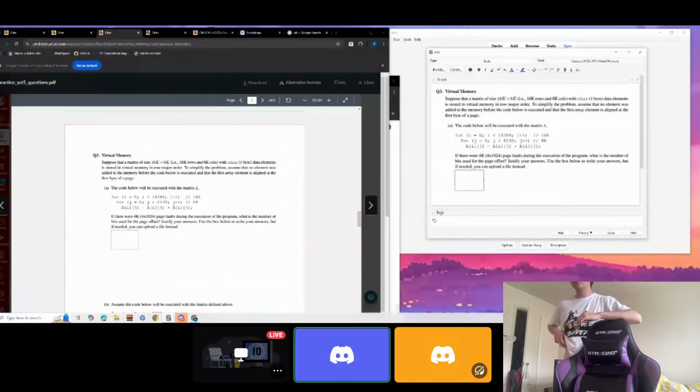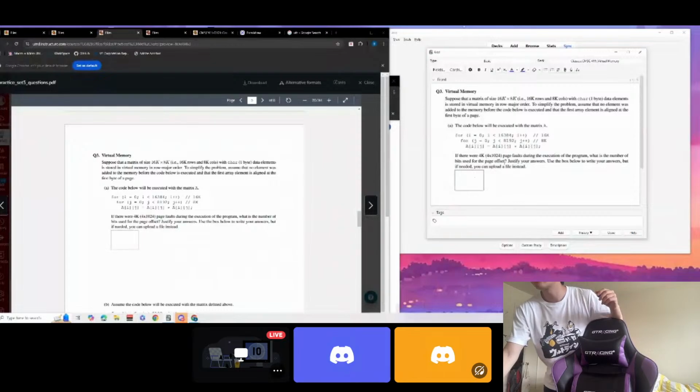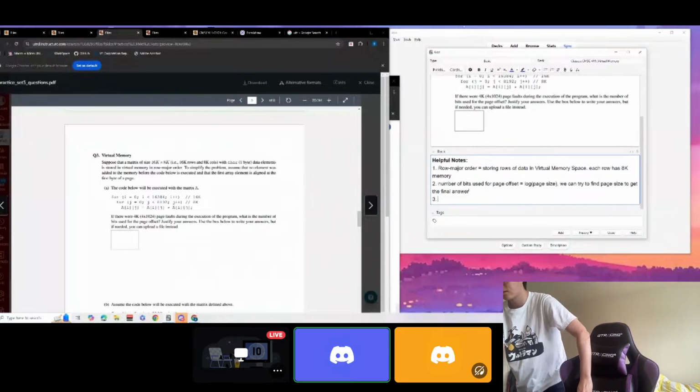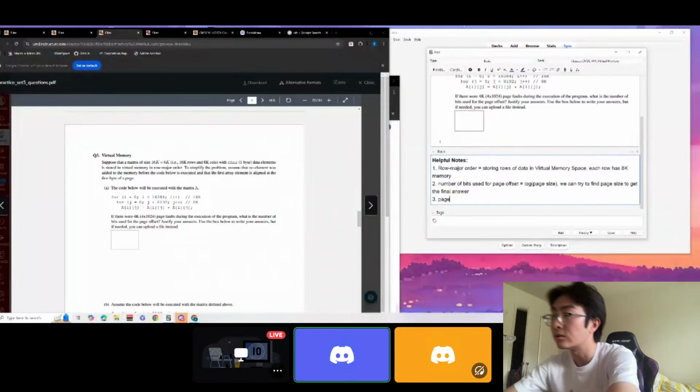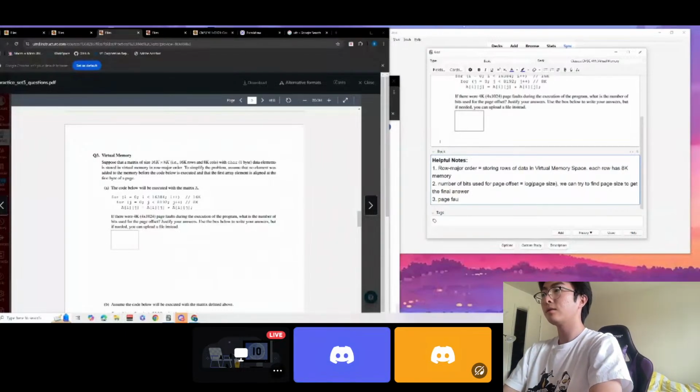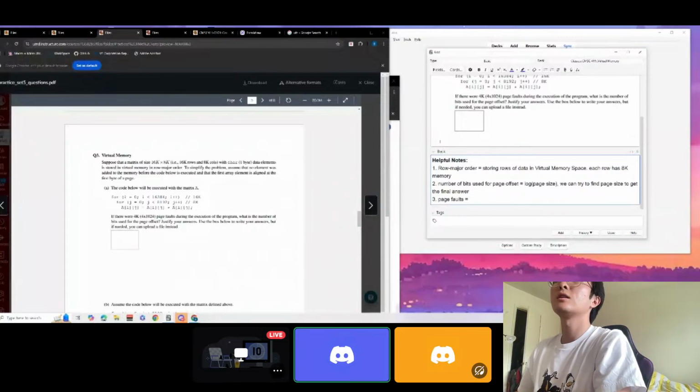Maybe we could take this 4K here, we multiply these two together, divide that by 4K. Yeah, it would be very helpful to know what the units of page faults are. Page faults is equal to, let's see.